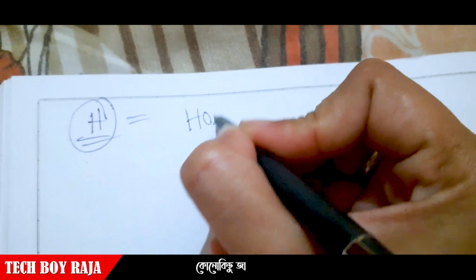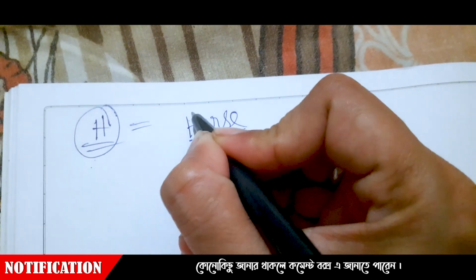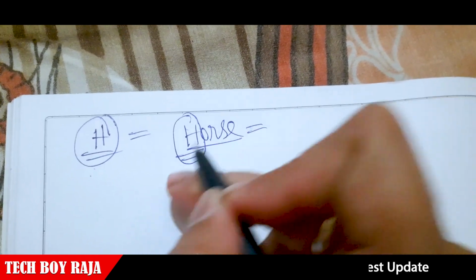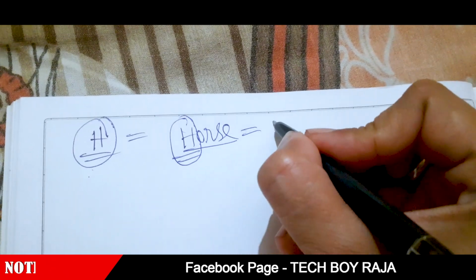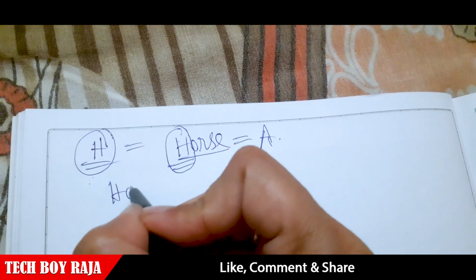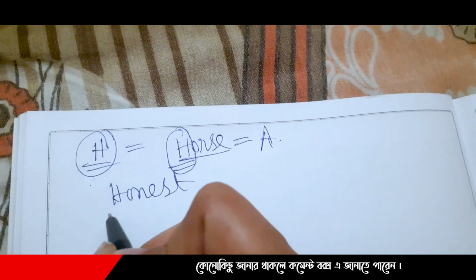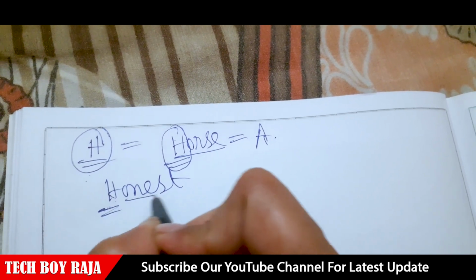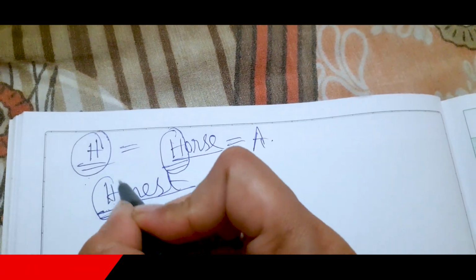See here, horse, the word is starting with h, and the h pronunciation is there, so there will definitely be a. But if it is honest, see here, honest, h is there but it is silent, it is "onest", this is totally silent.